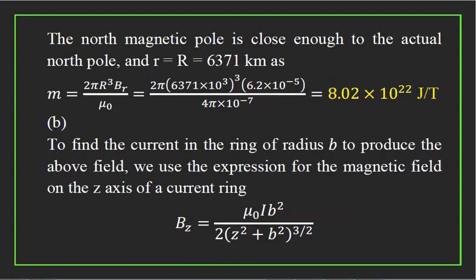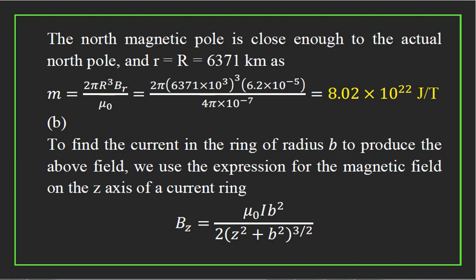So we imagine a current ring of radius b to produce the above field, and we use the expression for the magnetic field on the z-axis of a current ring. It is Bz equal to mu 0 I b square, where b is the radius of the loop, by 2 into z square plus b square raised to 3 by 2, where z is the distance of the point along the axis from the center of the ring.